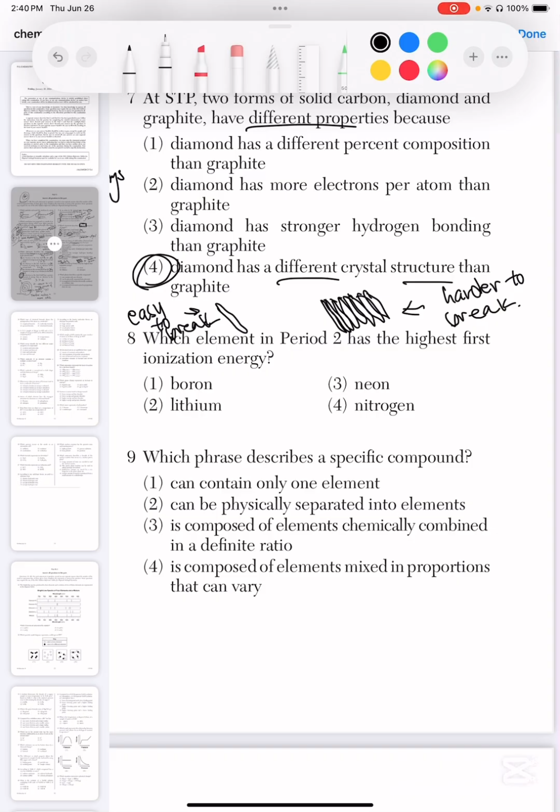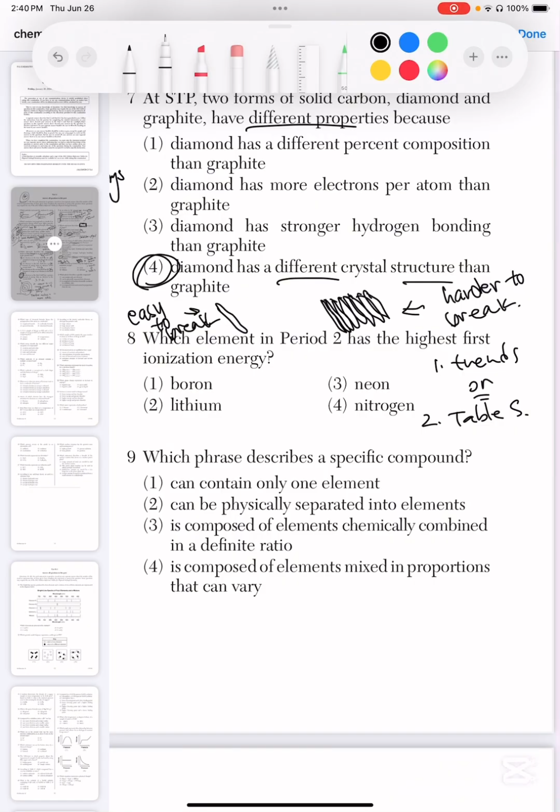And then actually you can do it 2 ways. You can either look at just the periodic table trends, or you can look at table S. The second option is more time consuming, but it's a lot easier, I guess.